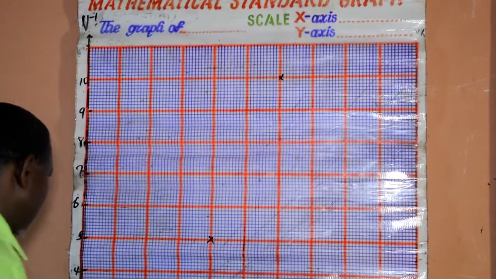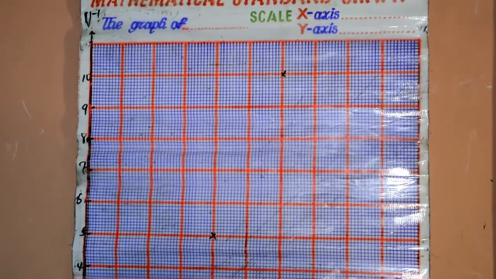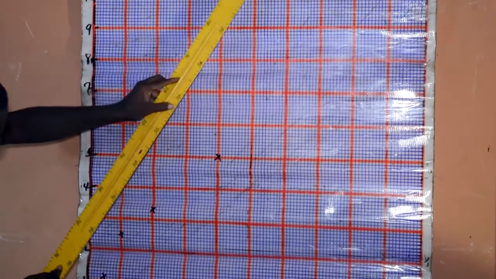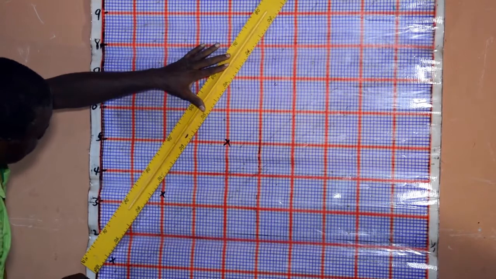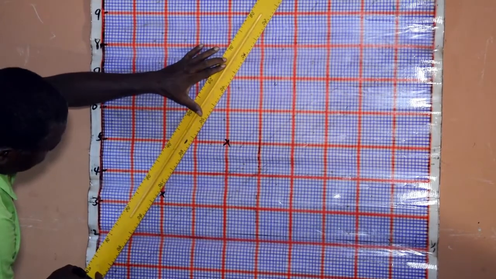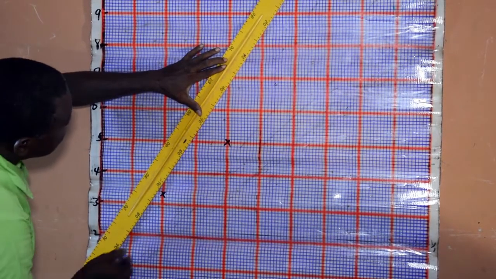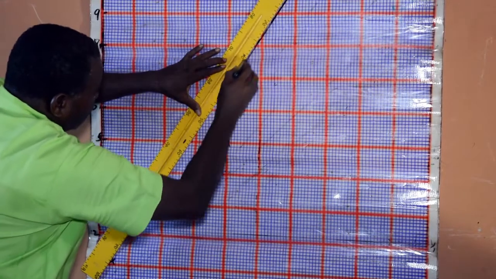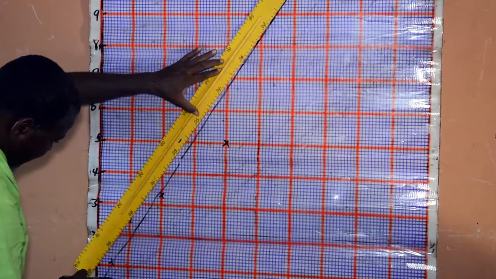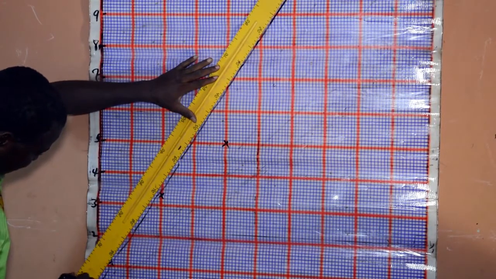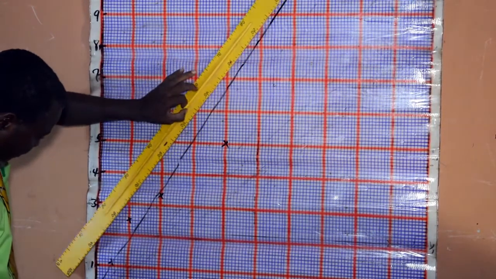Then we are going to join them together, making use of this ruler. It will cut 3 points conveniently. We have our intercept to be here.